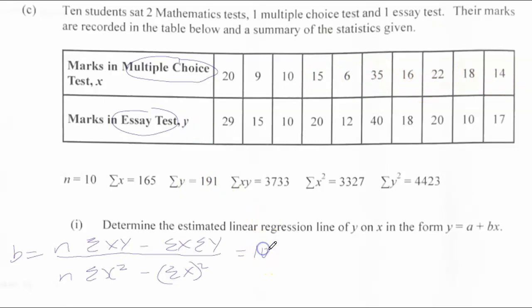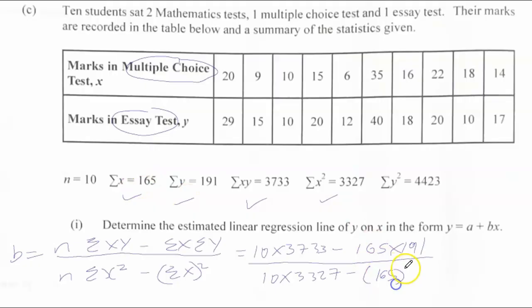So n is 10, times the sum of xy, that's 3733, minus the sum of x times the sum of y. The sum of x, that's 165, times the sum of y, that's 191, all over n times the sum of x squared, that's 3327, minus the sum of x all squared, so that's 165 all squared.